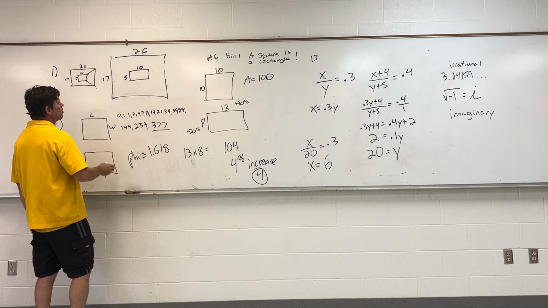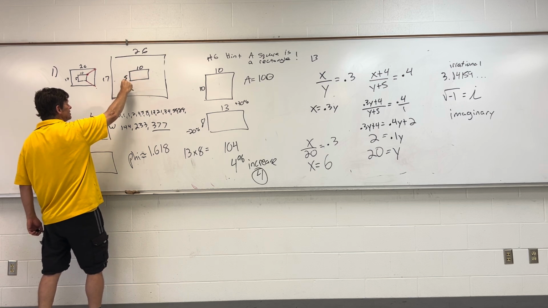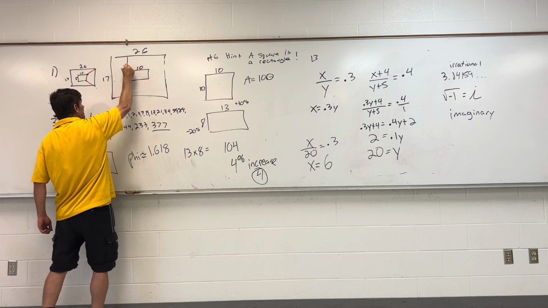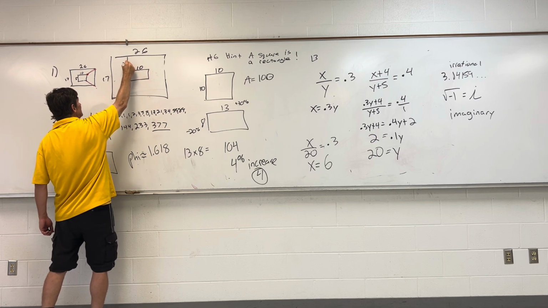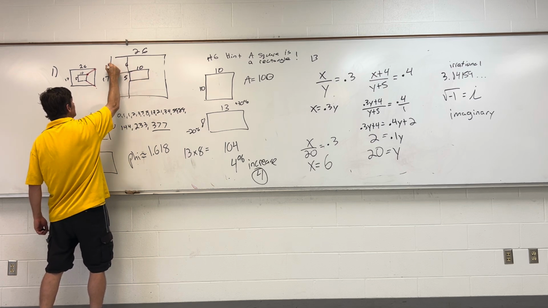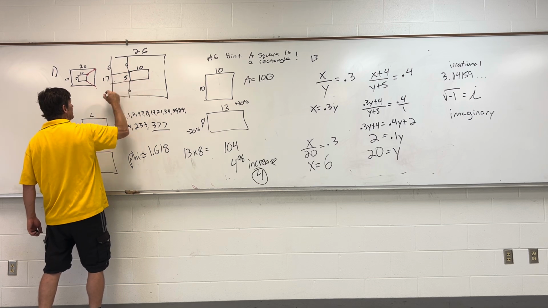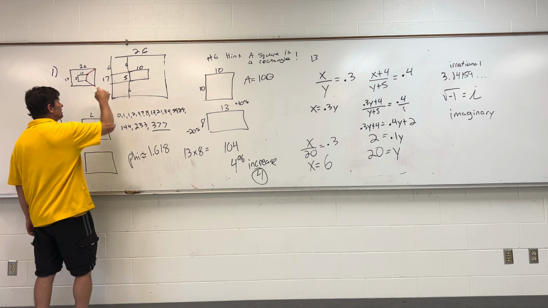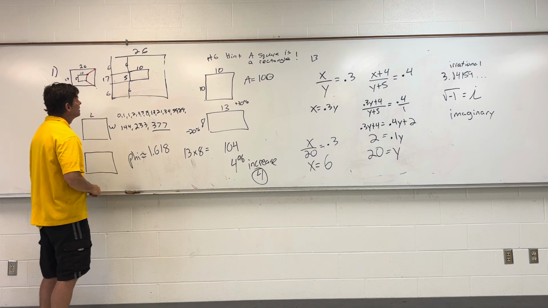So this distance here is 17. If this picture is centered, that's 5. So this plus this must equal 12. So this must be 6. 6 and 6 and 5 is 17.